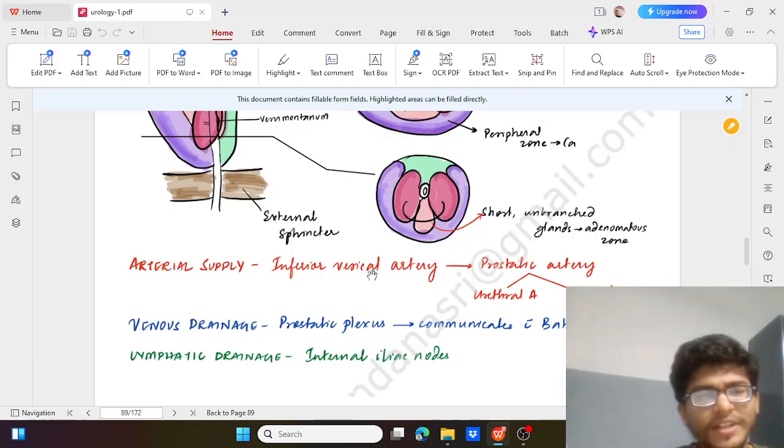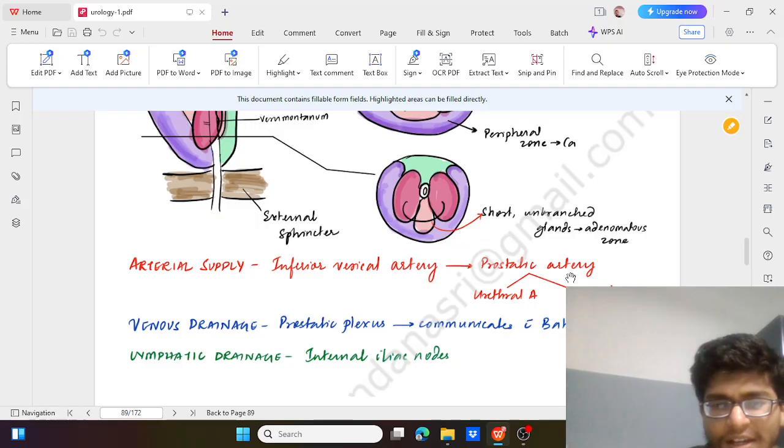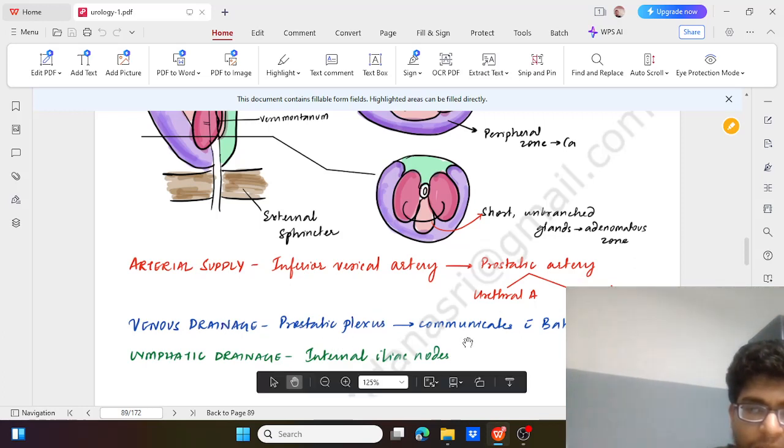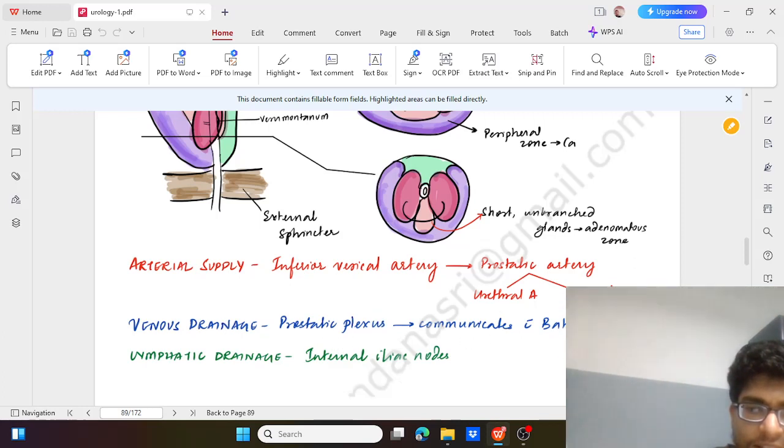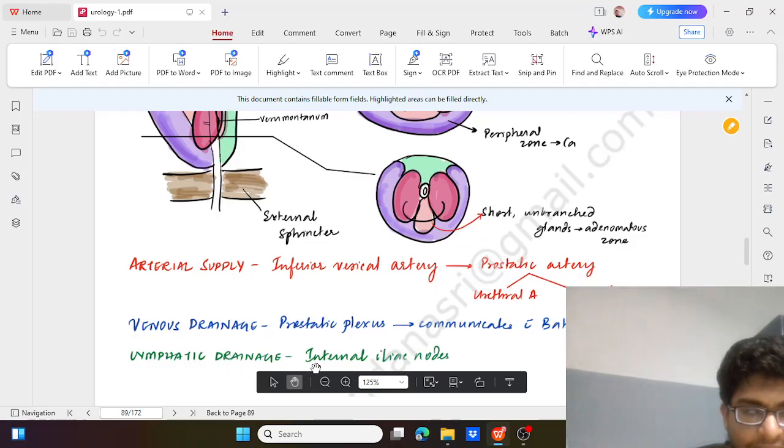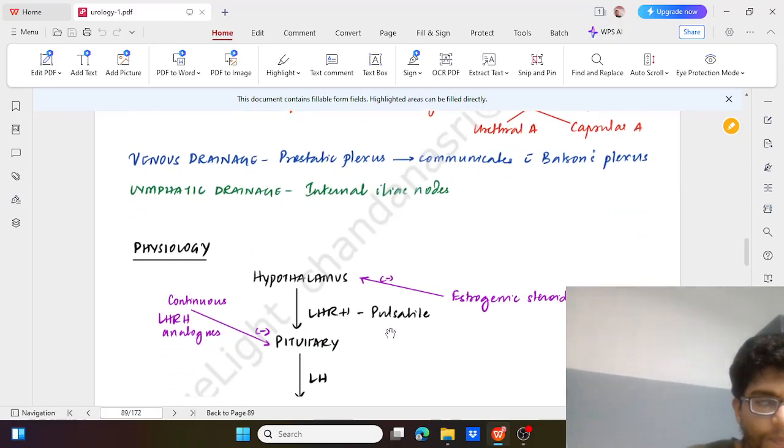It is through the inferior vesical artery, which gives rise to the prostatic artery, urethral artery and capsular arteries. Venous drainage is through the prostatic plexus, which communicates with Batson's plexus, and later drains into the dural sinuses. Lymphatics drain into the internal iliac nodes.